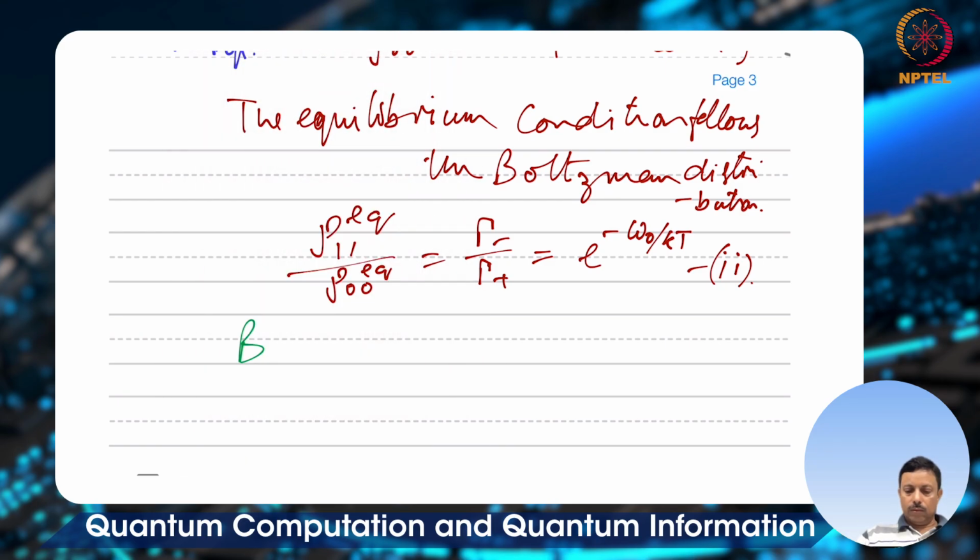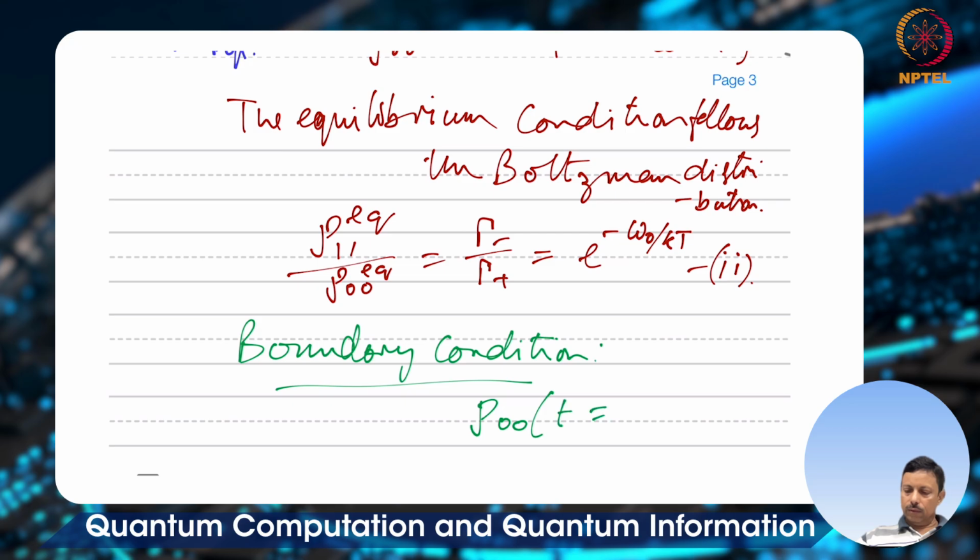The boundary condition is rho 0 0 at t equal to 0. Initially it's equal to rho 0 0 of 0. Rho 1 1 at t equal to 0 is rho 1 1 of 0.